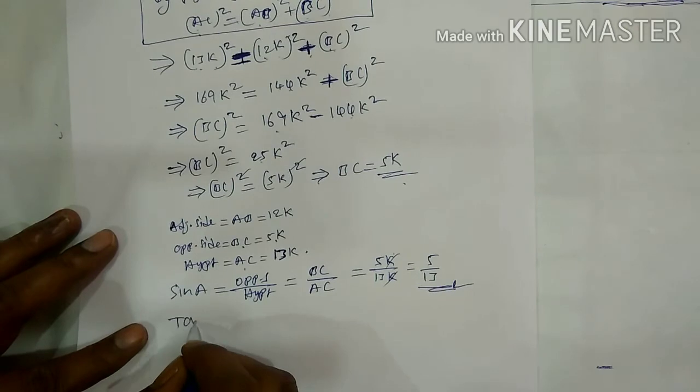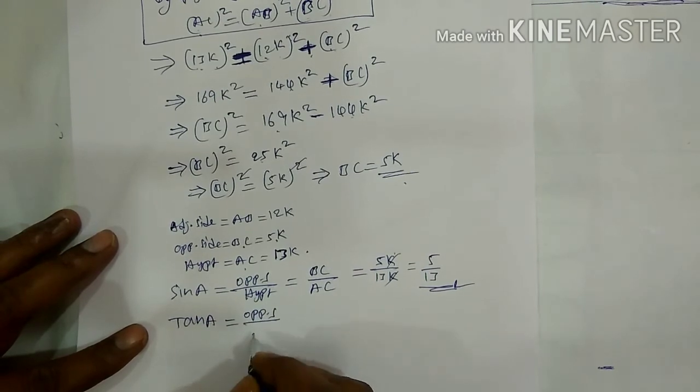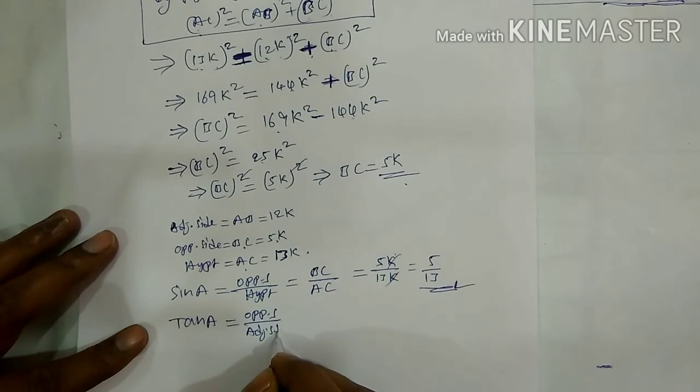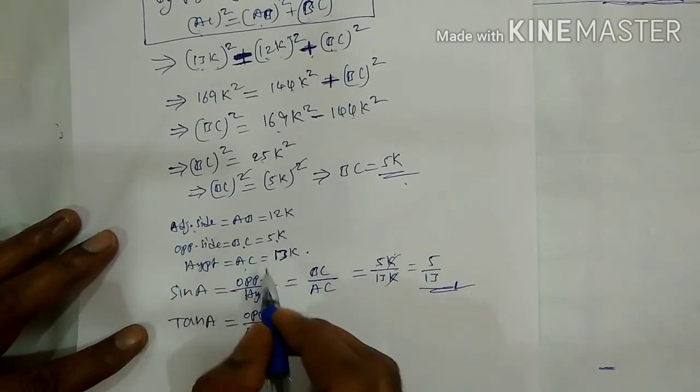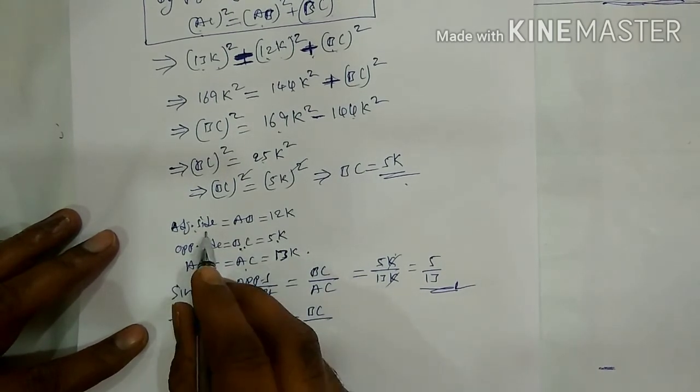Similarly, tan A. Tan A means opposite side by adjacent side. Opposite side we have BC, adjacent side is AB.